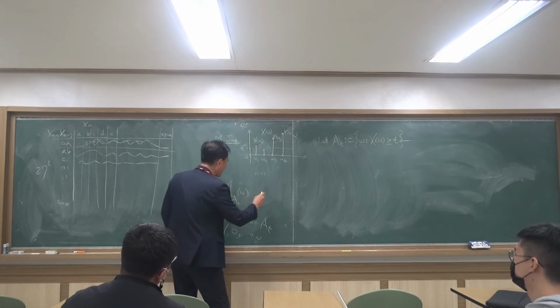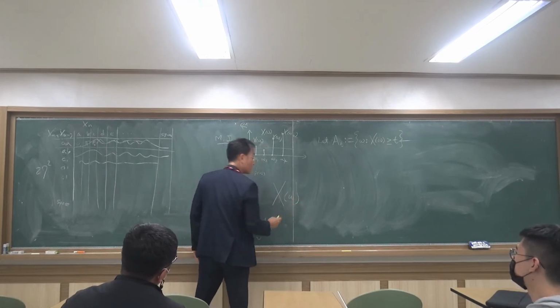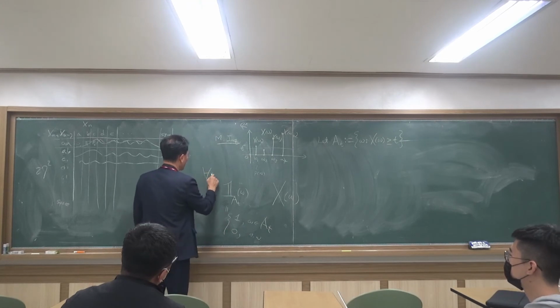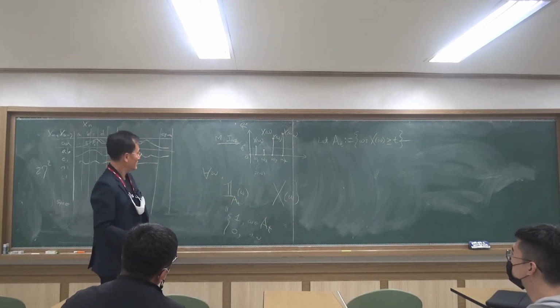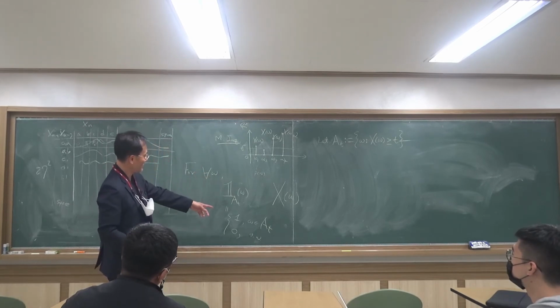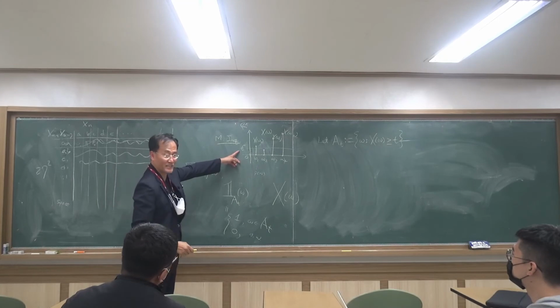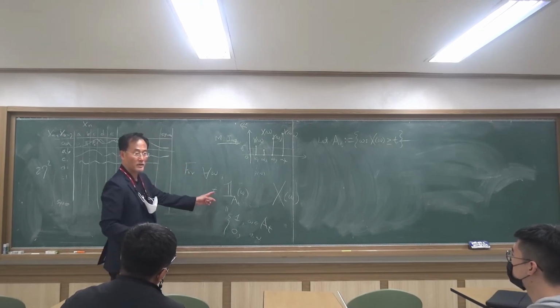And then I want to compare this with X(omega). For each omega, I can do the comparison, right? But since I have a t here, and this one is 1 or 0, I'll multiply this by t.